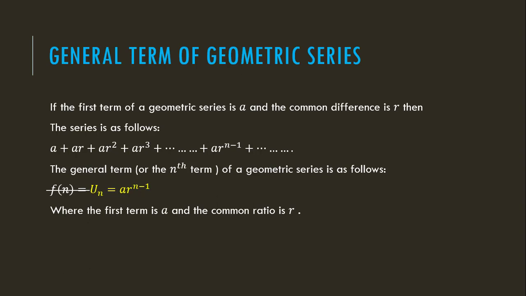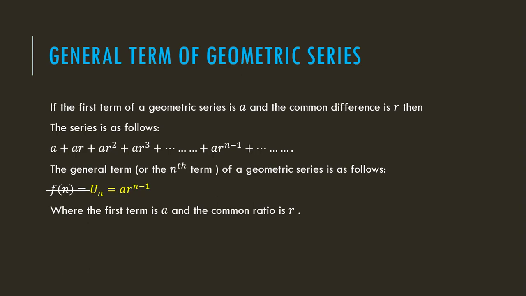The series will be A, and as the common ratio is R, we have to multiply A with R to get the second term, that is AR, and multiplying AR by another R, we will get AR square. Multiplying AR square with the common ratio R, we will get AR cube, and so on.